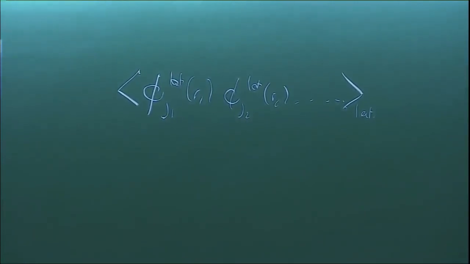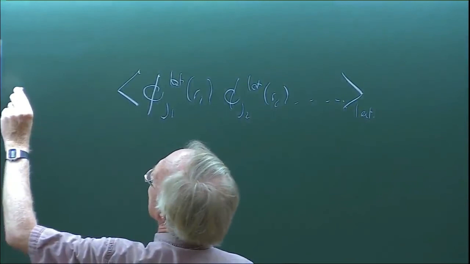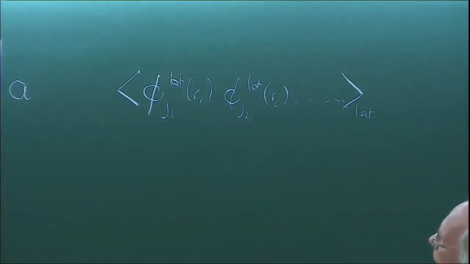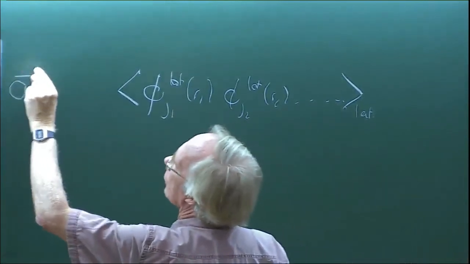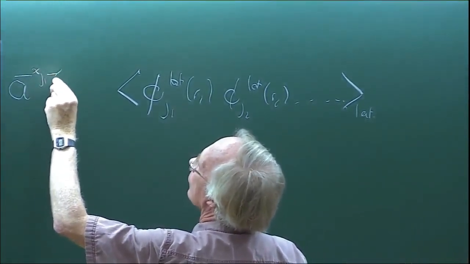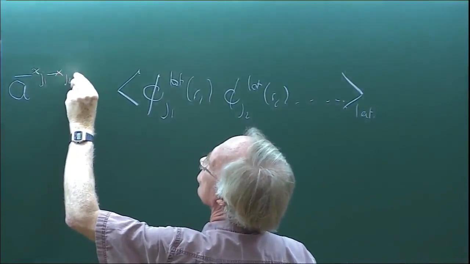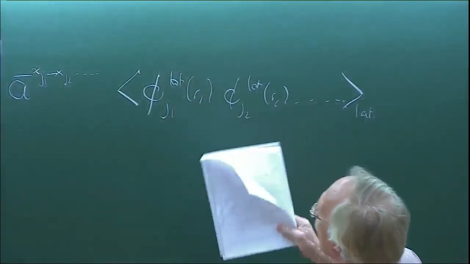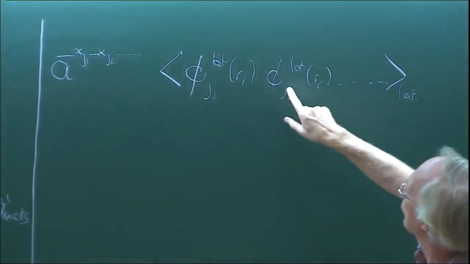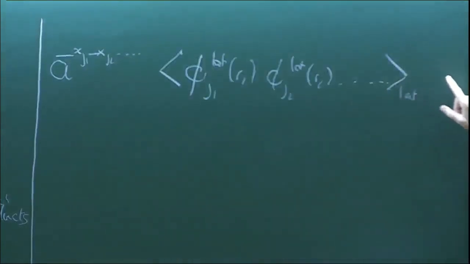The way to renormalize it is to multiply by a suitable power of a, a to the minus xJ1, xJ2, and so on. So there is a suitable power of a for each of these lattice observables.